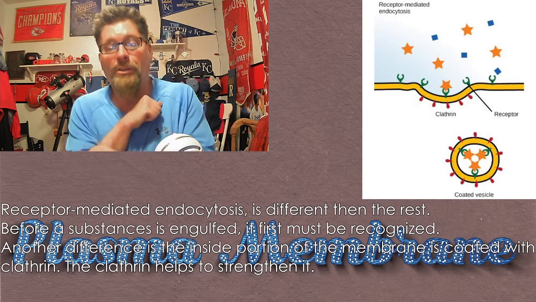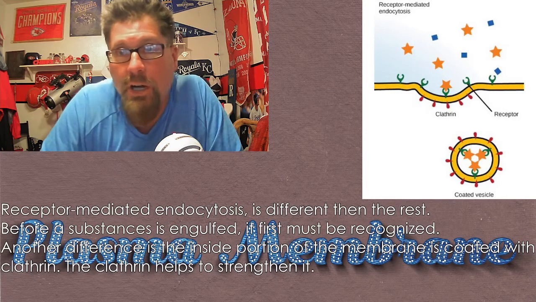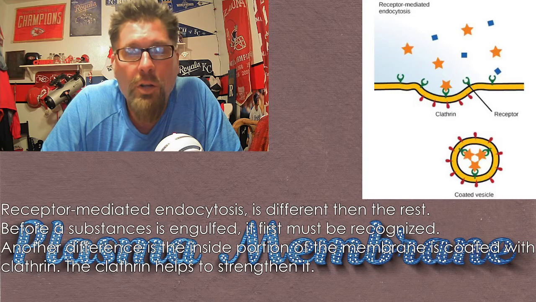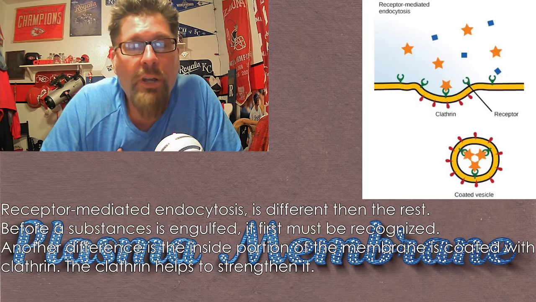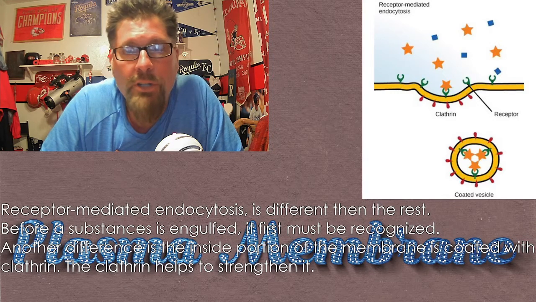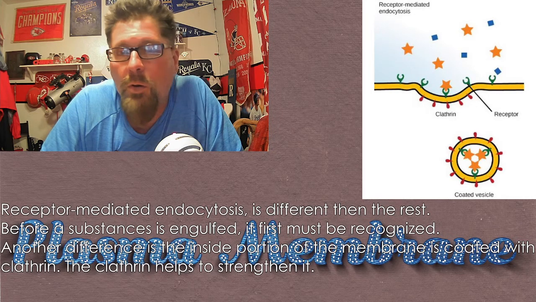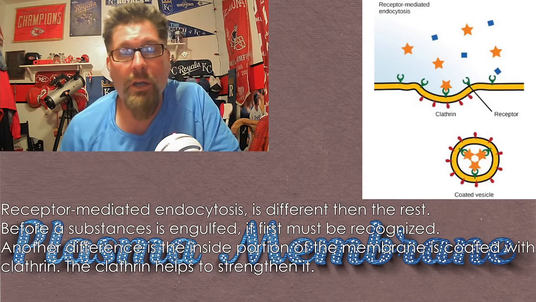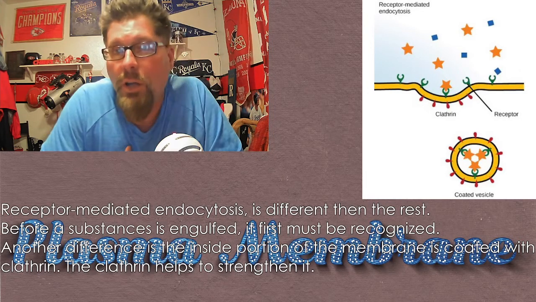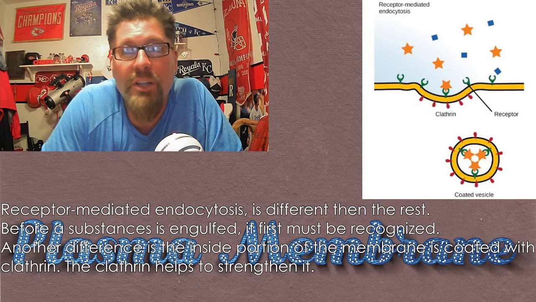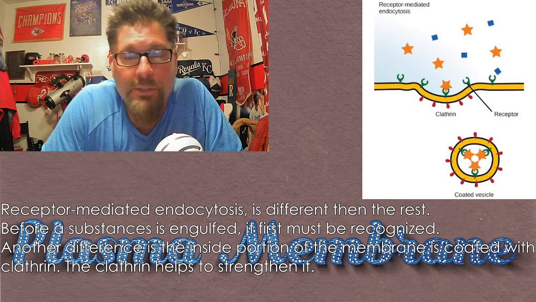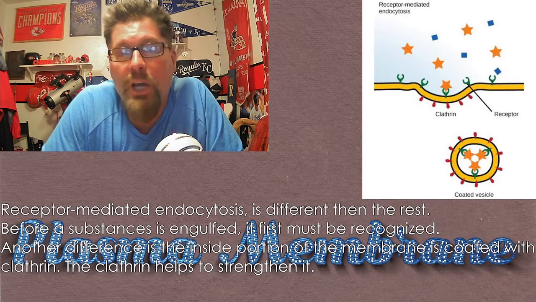Now, the difference that we can see here in this picture is these clathrins. These clathrins are little proteins that help strengthen that area that's going to be carrying or bringing in the material. Now, clathrin also happens in phagocytosis and pinocytosis, but the difference is that in receptor-mediated endocytosis the clathrin stays on during transport.